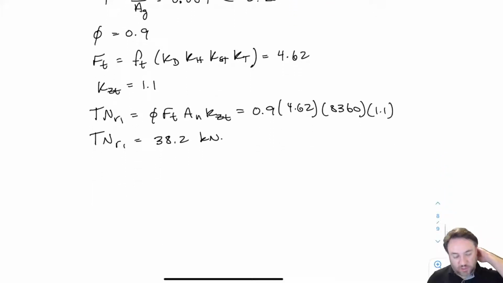And then we need to find the net tension strength of all of the members on that side of the connection. And in this case, for the beam, there's only one member on that side of the connection, which is the beam itself.